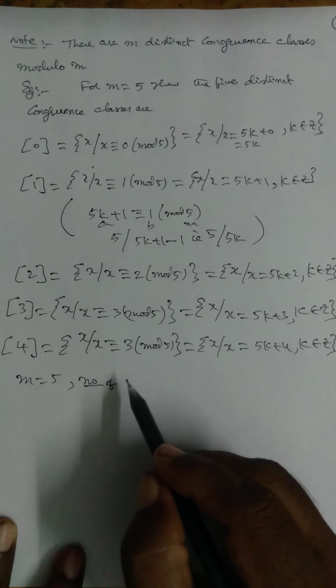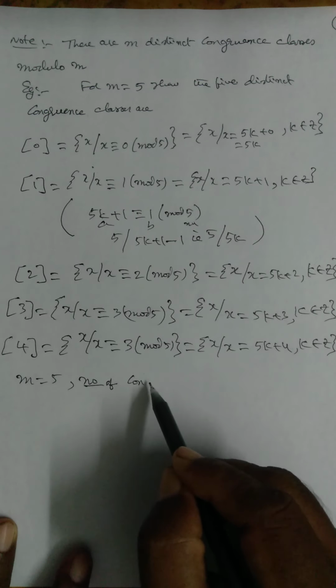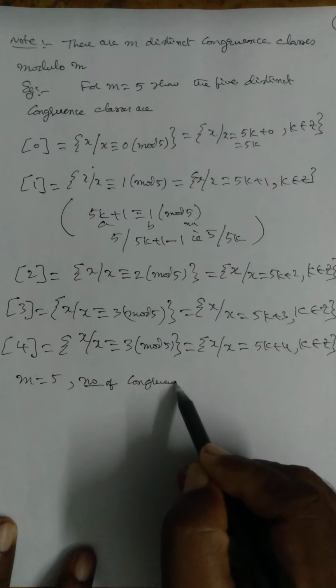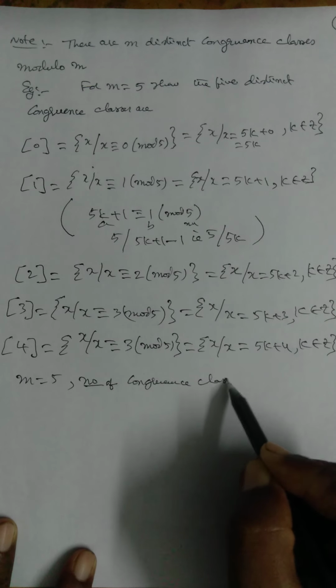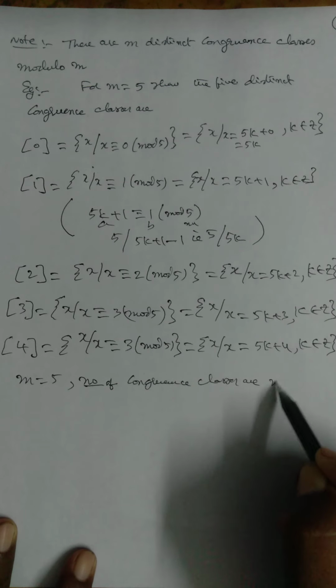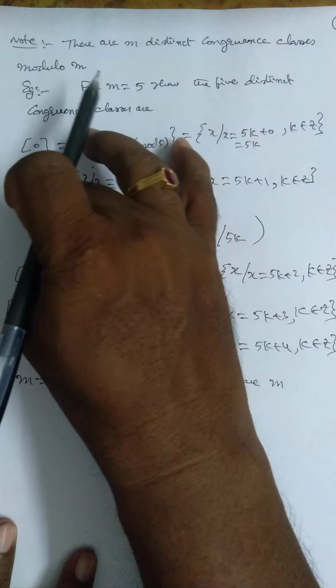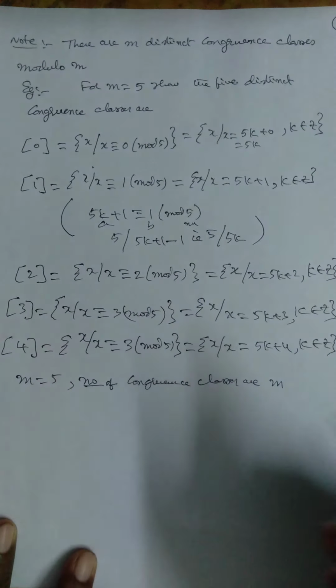So when m is equal to 5, the number of congruence classes is 1, 2, 3, 4, 5.